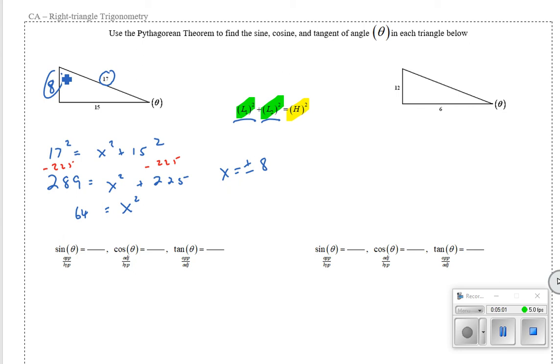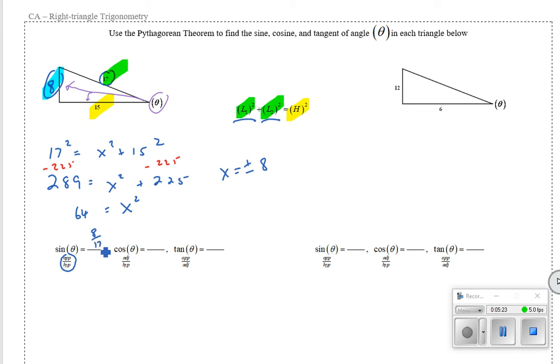All right. The hypotenuse, opposite, adjacent. For this angle right here, that's the opposite. That's the adjacent. So the sine then would be the opposite over the hypotenuse.